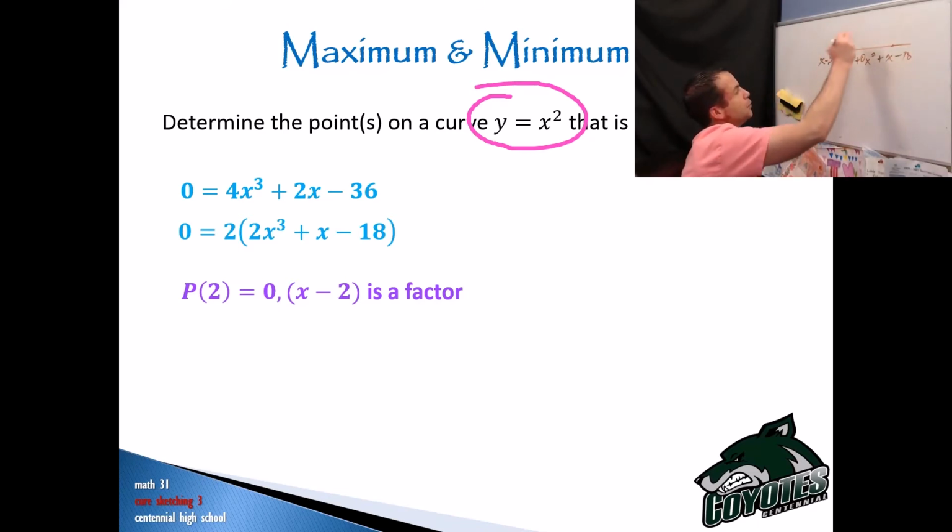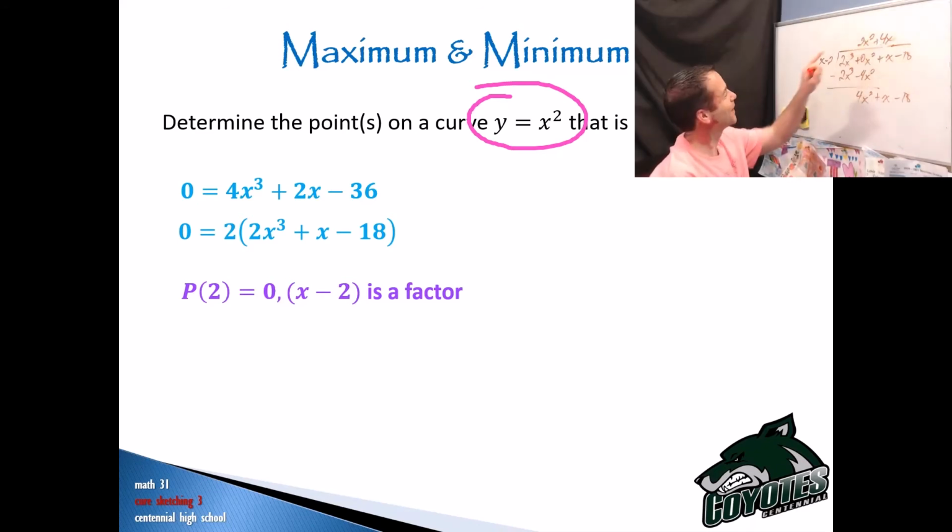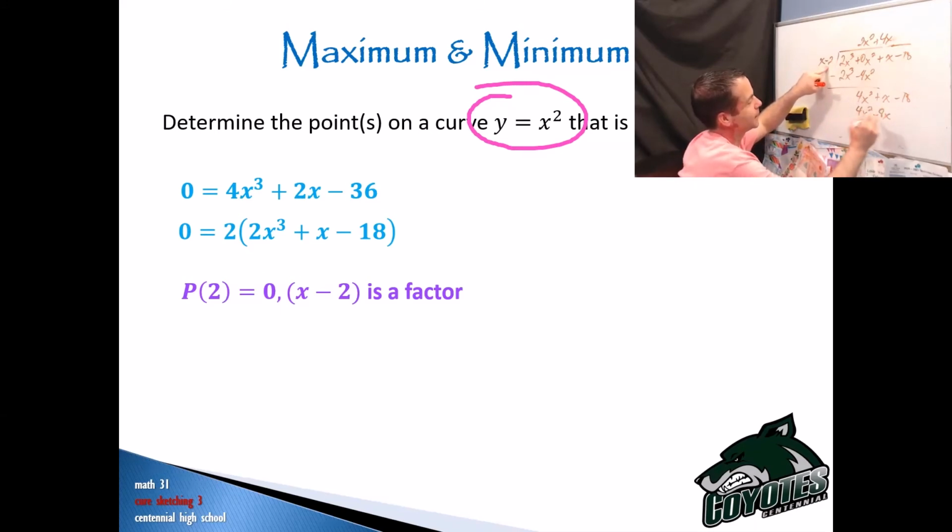I'm going to need 2x squared. 2x squared times x is 2x cubed. Then I would have negative 4x squared. I'm subtracting, so that's 4x squared. What do I have to put up here? Well, I'd have to put plus 4x. 4x times x is 4x squared. 4x times negative 2 is negative 8x.